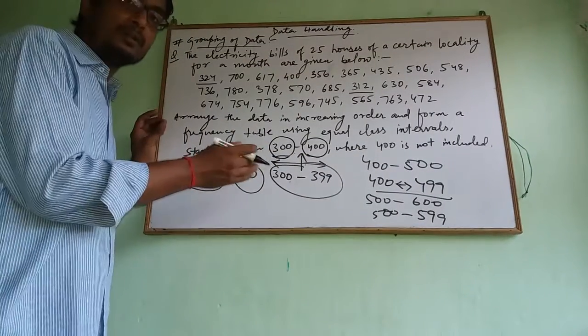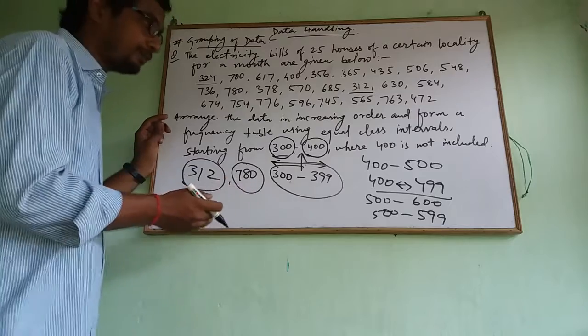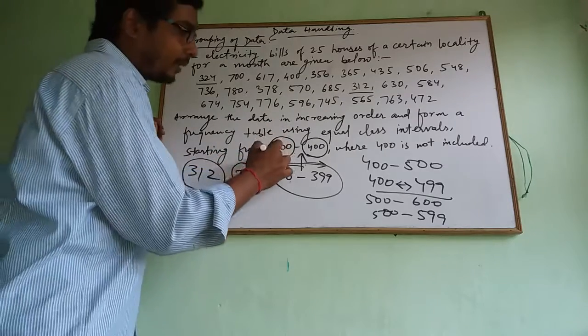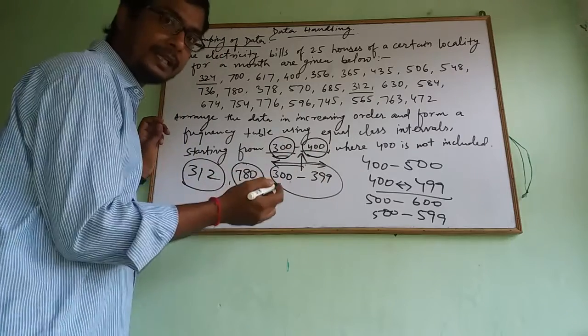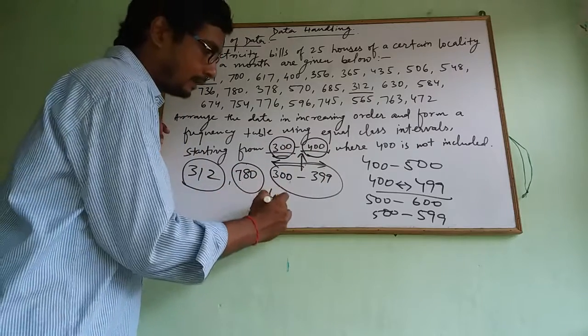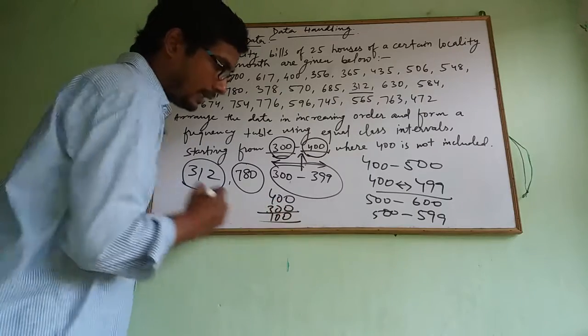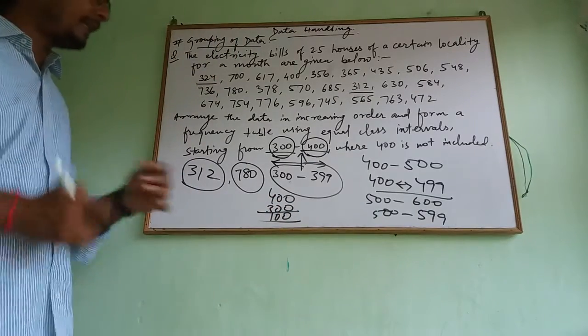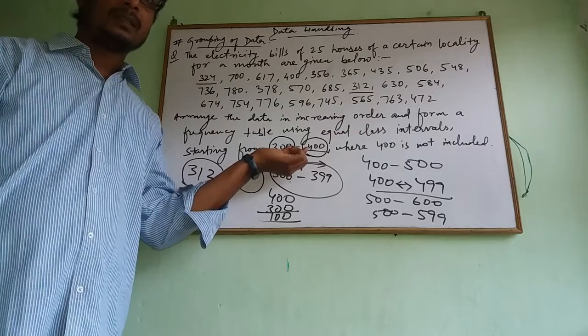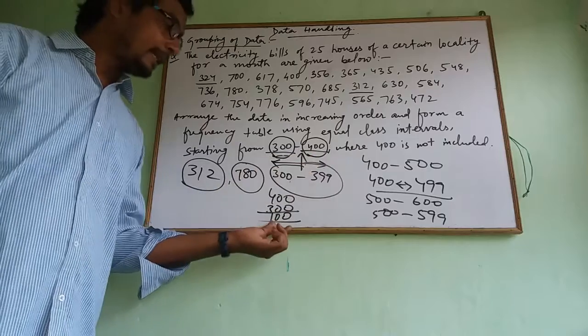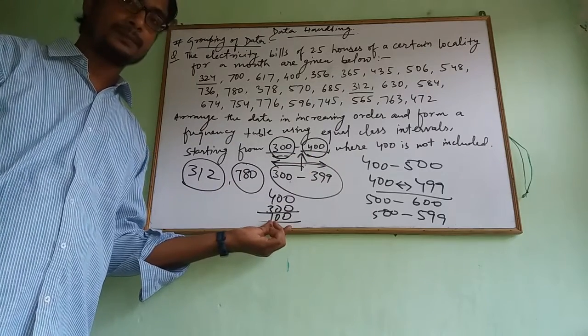I hope you got what I am telling you. From 300 to 400, how many values can there be? Upper limit minus lower limit is 100. So 100 values can be in this class interval between 300 and 400, and that is our class width.